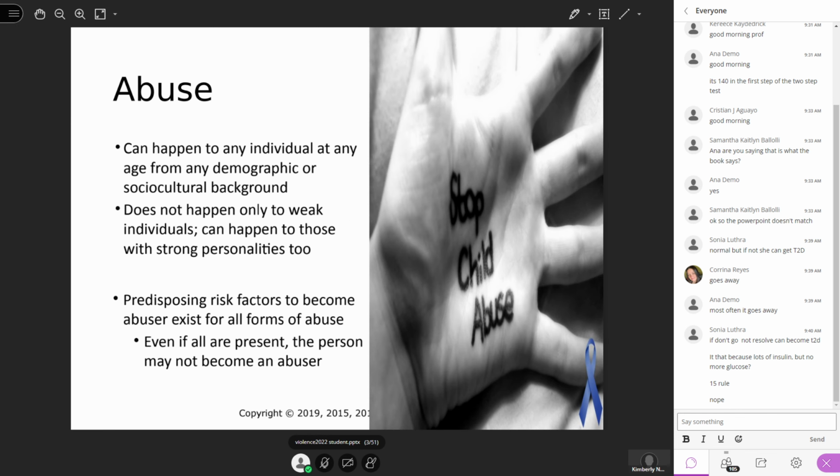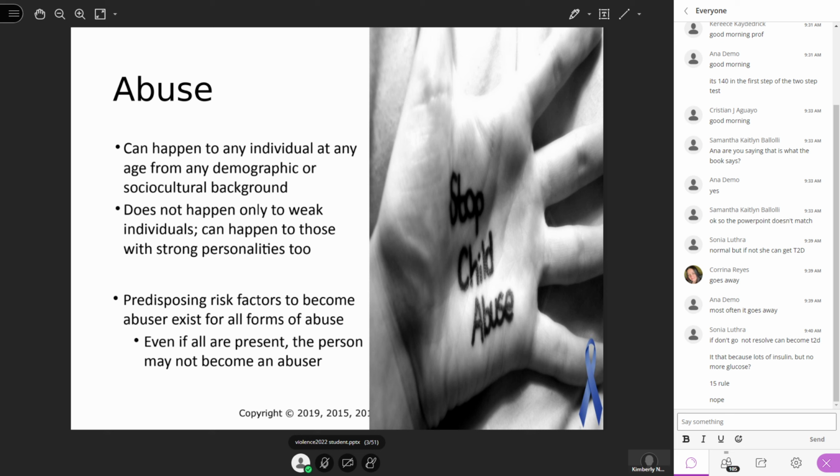All right. So these expected outcomes, you could read them. Things that are going to be important for you to know is that abuse doesn't affect one race, one socioeconomic background, or anybody. It can happen to anybody. All right. So the misconception is that it only happens to weak people.